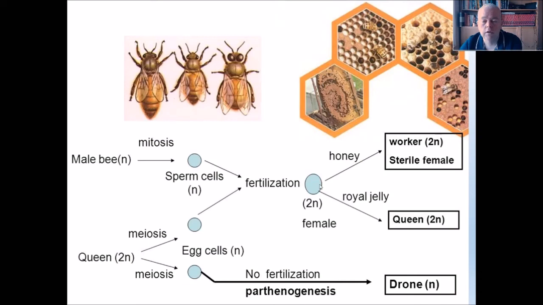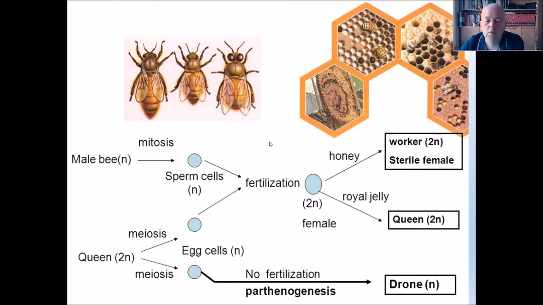However, in the hive, some of those bees can be fed what's known as royal jelly, which you've probably heard of, and if some of those newly developing bees are fed royal jelly, they can develop into a queen. The queen is still a diploid, but that queen is not sterile. That queen can produce egg cells, and from fertilization we can complete and carry on the process.